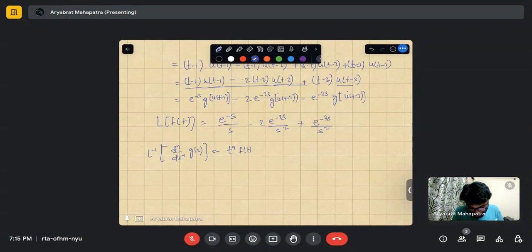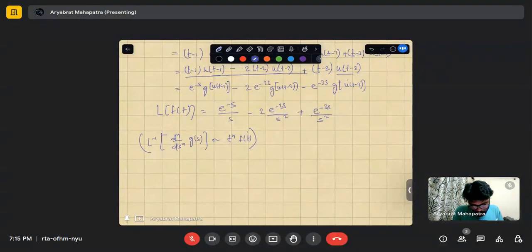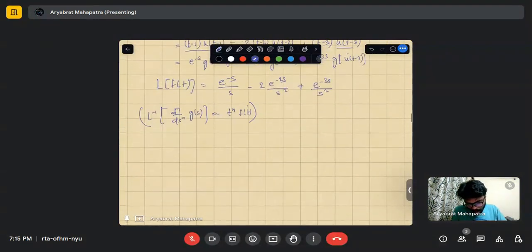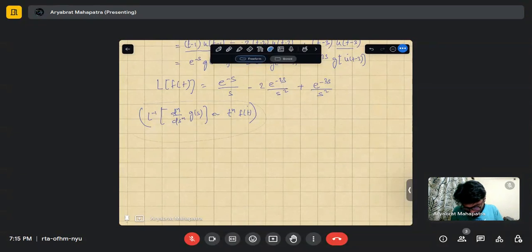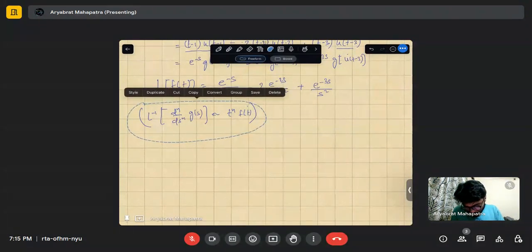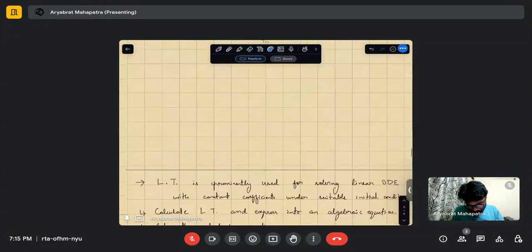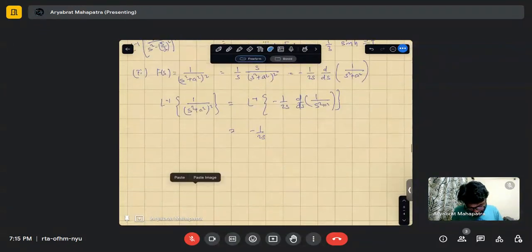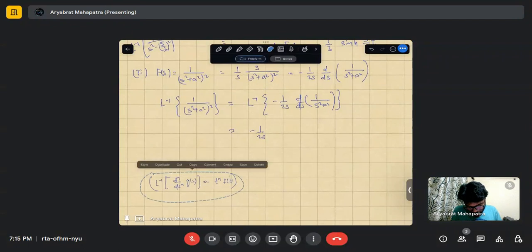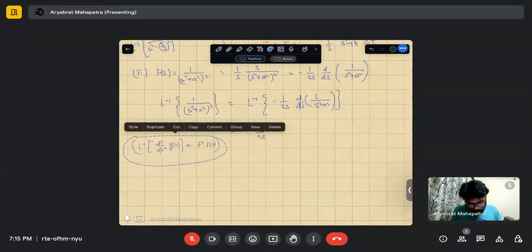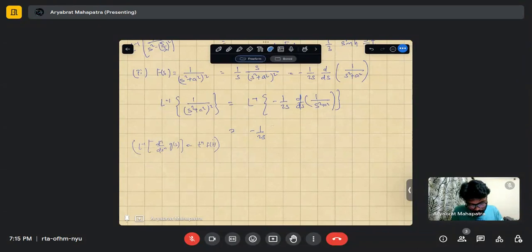So the same with that idea, I can write minus. Since a single derivative is there, a single t will be there.